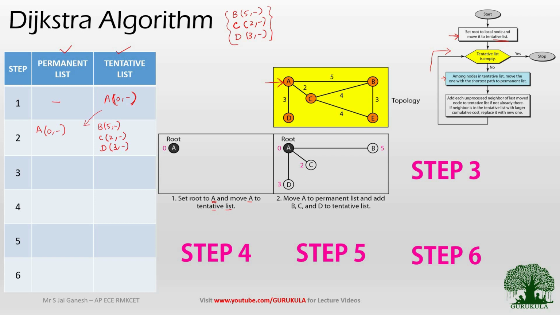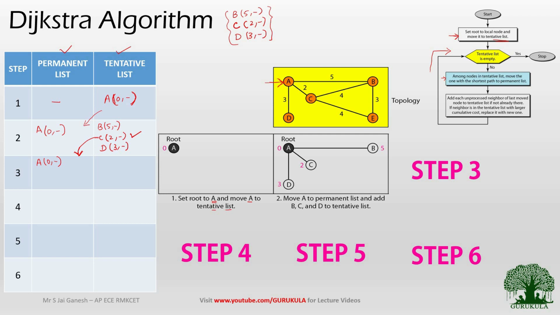Now we have options here. Among these three options, the lowest cost available is C. So I need to move C to the permanent list. We already have A0 hyphen on the permanent list, and in addition to that I am moving C over here. Why am I moving C here? Because C has the lowest cost among the list available here.